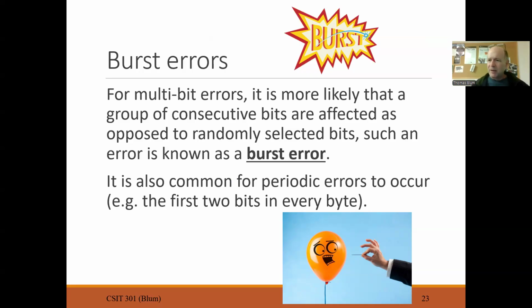There might be bits that are together that get flipped, or some kind of pattern like the first bits in a byte. In our next error detection scheme, CRC, we will mention that it can be engineered to help a little better with particular kinds of burst errors.